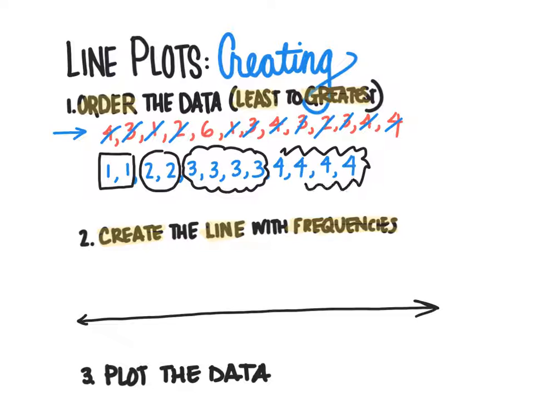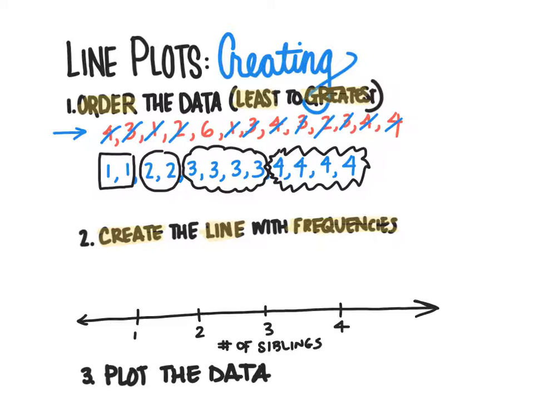So my frequencies, the numbers that I'm going to be dealing with, are 1, 2, 3, and 4. So I try to space them out as evenly as possible, and you go ahead and put 1, 2, 3, 4. And then I'm going to title or label this number of siblings, number of brothers and sisters.